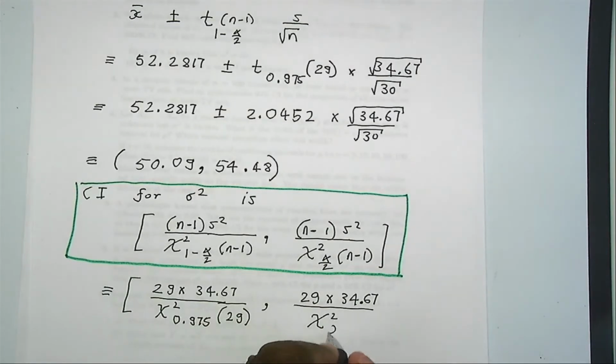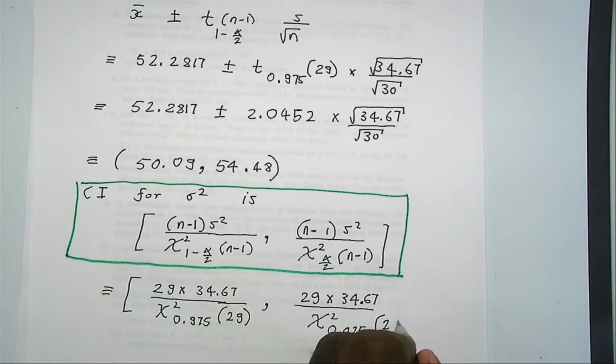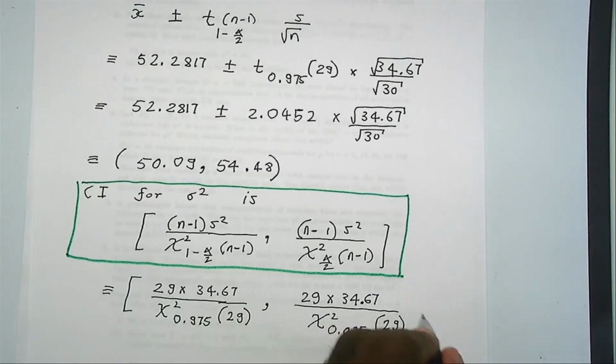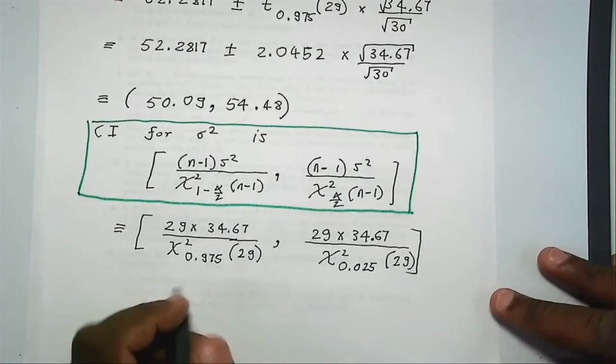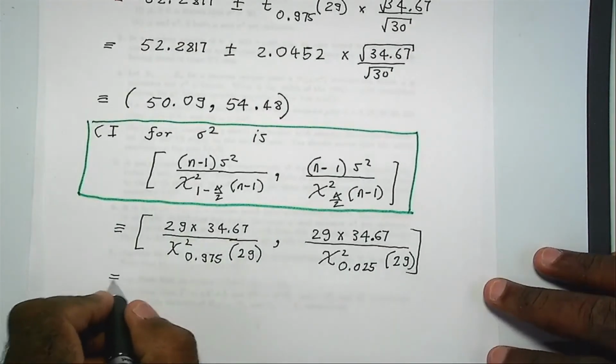Alpha by 2 is 0.025 with a degree of freedom of 29. Alright. You can read these two guys from the table for the chi-square distribution, which I showed you how to read in the video on chi-square distribution. So you should look at the video on chi-square. You will see. You should be able to read these two. So if you do that, this is what you will get.